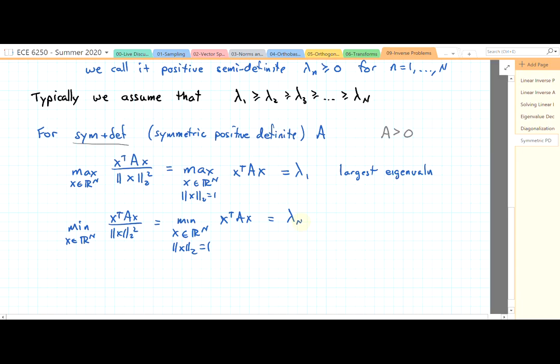That's going to be lambda n, or the smallest eigenvalue. So, how do we demonstrate that?